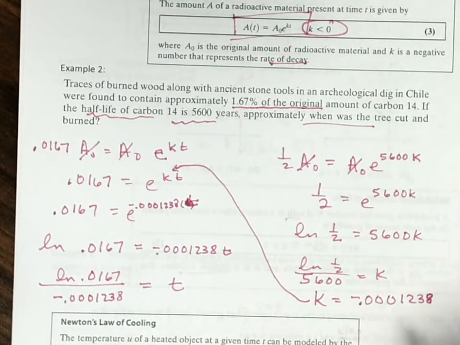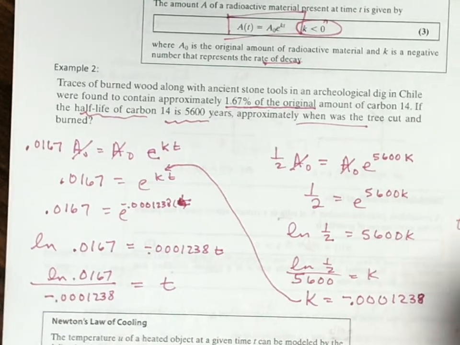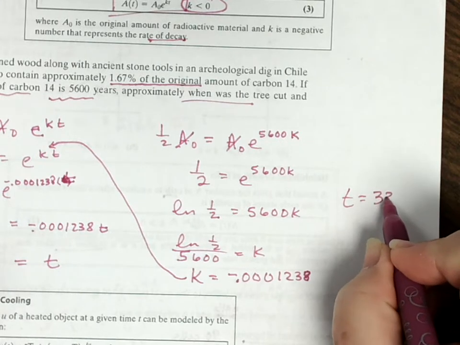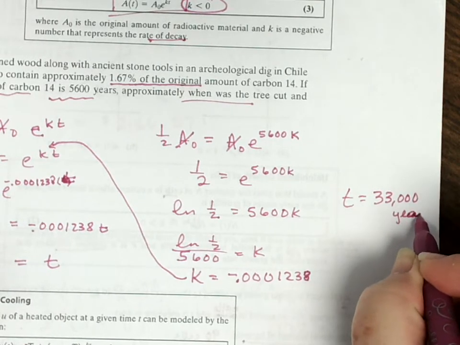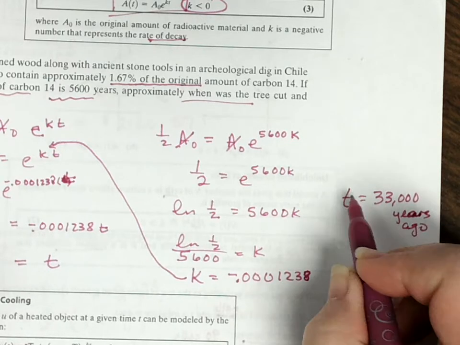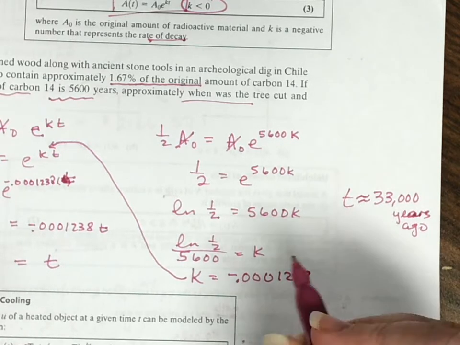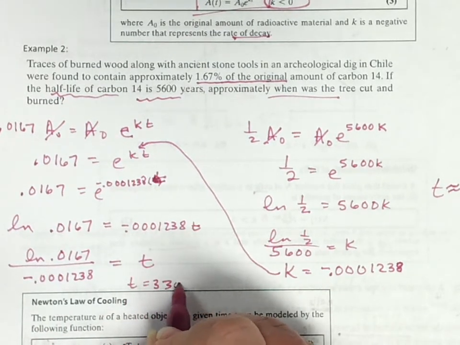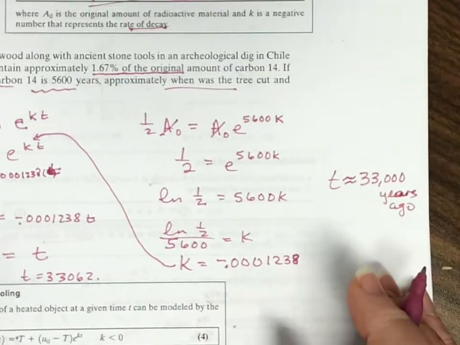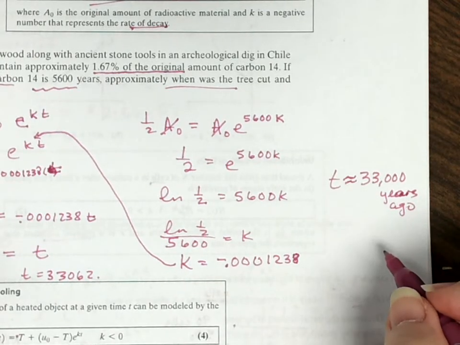So I would say that the time that this tree was cut and burned was approximately 33,000 years ago. Okay, and that's an approximate because we know our t value was actually 33,062 point something. So we're going to say about 33,000 years ago.